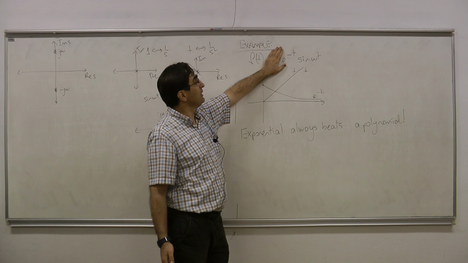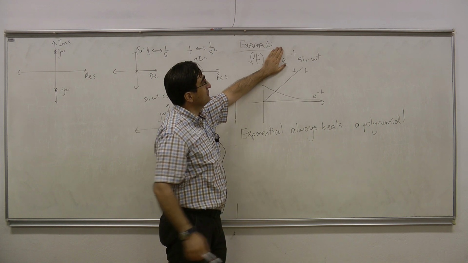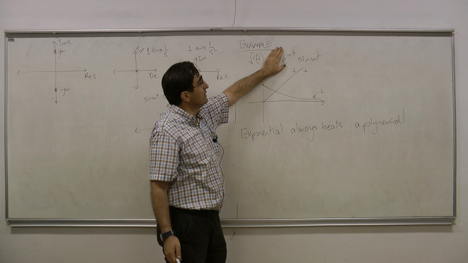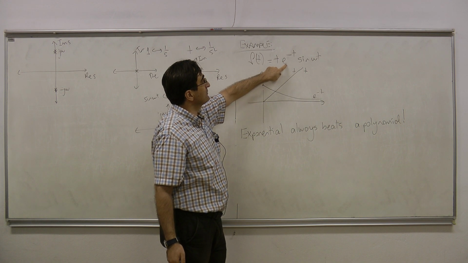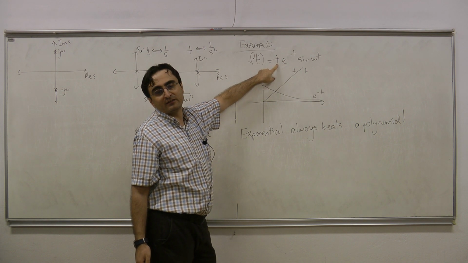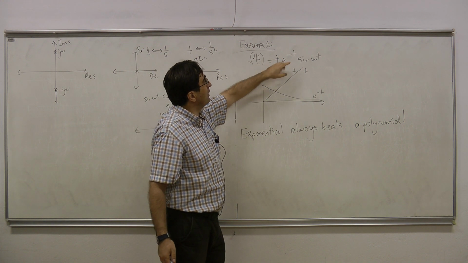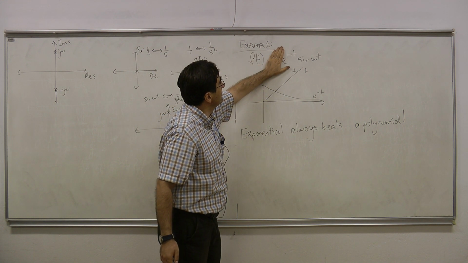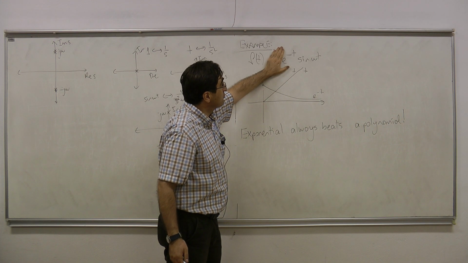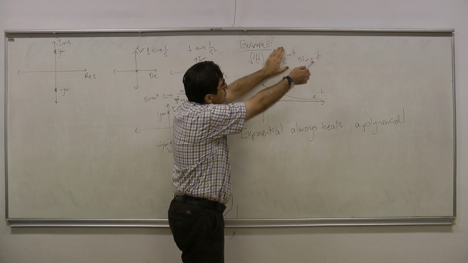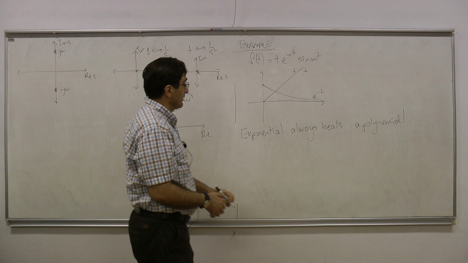Of course, there would be differences with e to the minus t sine omega t, but because e to the minus t is always beating t in terms of growth, I would have this function very, very similar in structure or in shape to this function, e to the minus t sine omega t.